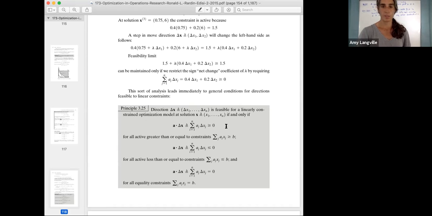So what are the hypotheses associated with this? There's a key phrase in here that I'm going to make sure you're alerted to: linearly constrained model. So if our constraints are linear, this works. If we have a constraint that's nonlinear, this is not going to help us find the direction vector. So once again, we see why being an LP makes life easier for us.